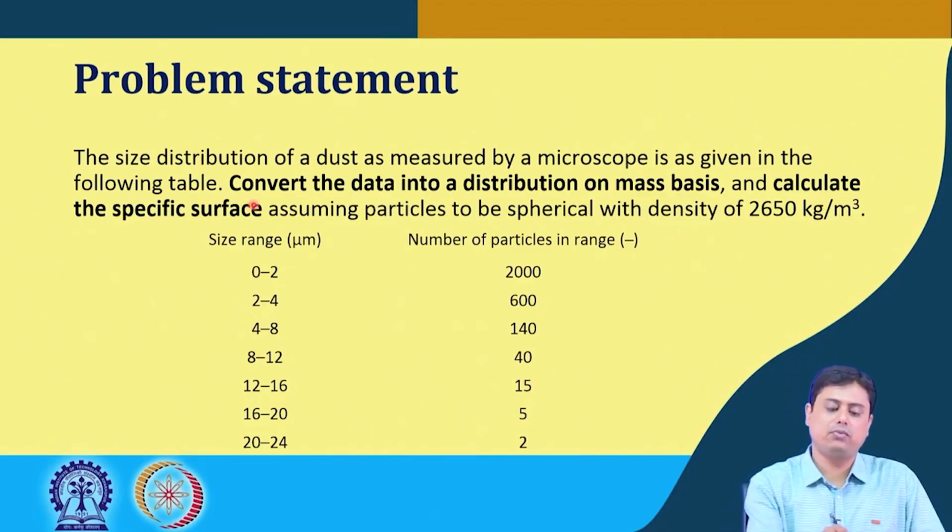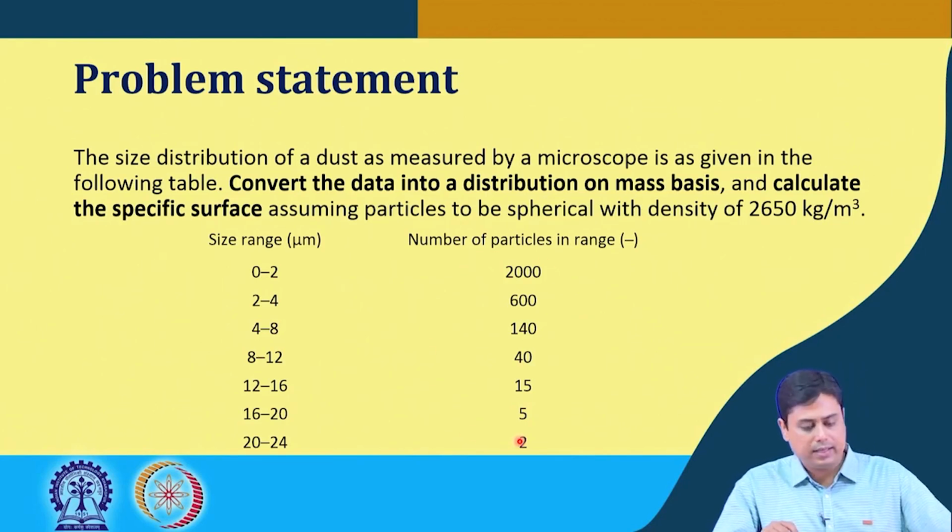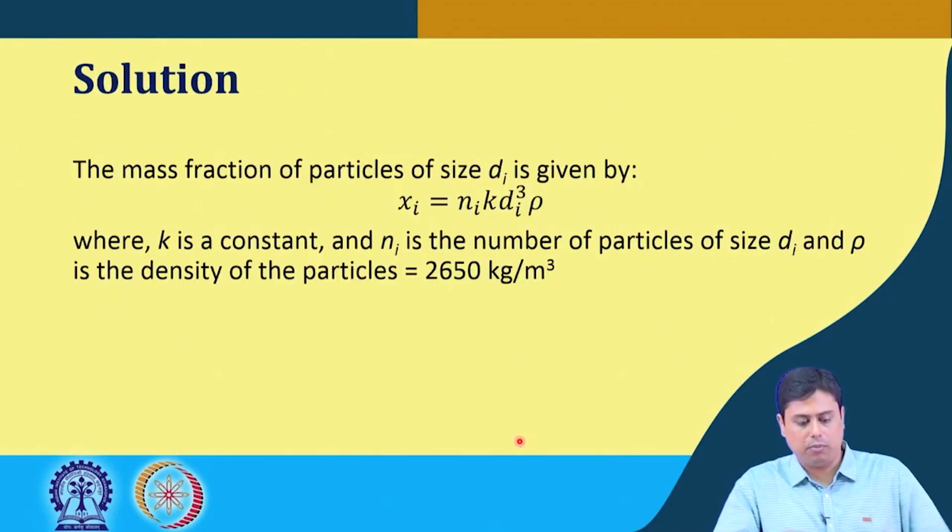So at first let us focus on this conversion between the number distribution to the mass distribution. Now if you remember the last class, there I showed you the relation between the x, which is the mass fraction, and the n, which is the number distribution. So, the relation between xi and ni here comes into play. Okay. So, let us attack this problem.